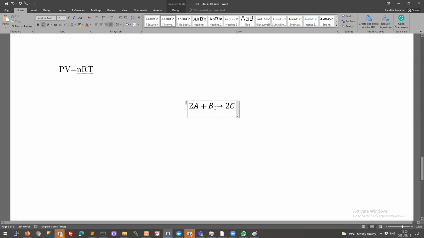So at the start, you had A and B only, and locked into the molecules of A and B, there's a certain amount of energy. And then when they get converted to C, if C has a lower energy potential, then in order for the total energy to be the same, you will have to give off energy to the environment. So that will show up as heat.